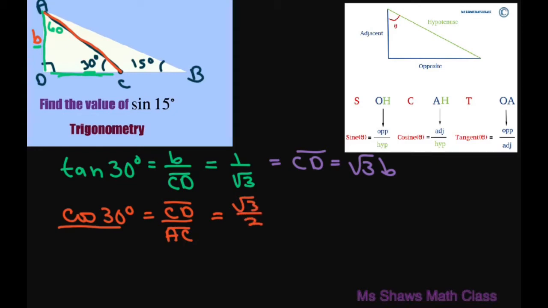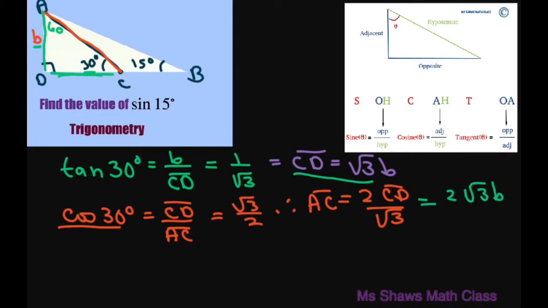All right, therefore, AC is going to equal, if I cross multiply, 2 times the length of CD divided by square root of 3. But we already have CD here. CD is given here, so by substitution, it's going to be 2 times square root of 3B divided by square root of 3. And this all equals 2B, because the square roots of 3 will cancel out.